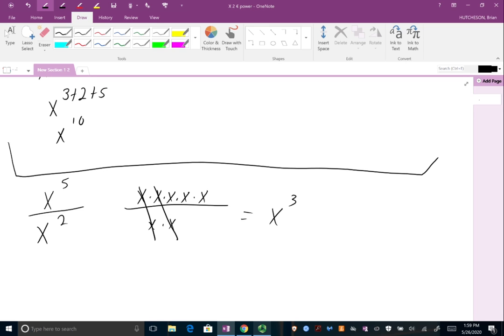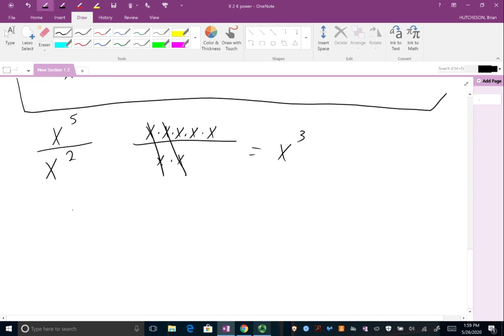Well, how do I get to a 3 using a 5 and a 2? Oh, quotient rule says I'm going to take the power of the numerator minus the power of the denominator, which would give me x cubed. So we just do subtraction.